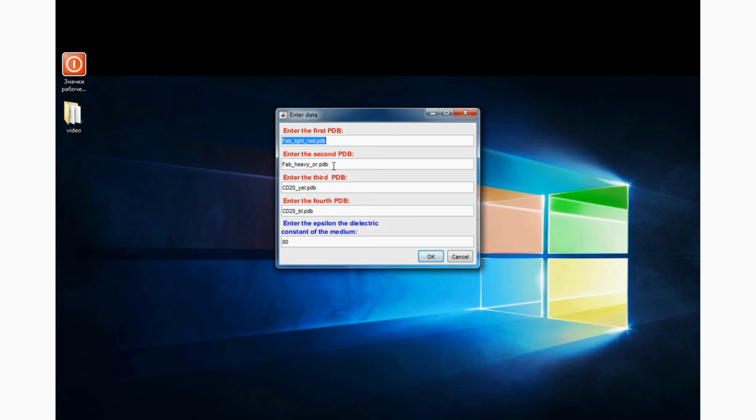Note that we select a file from the PDB containing the interacting tetramer and split it into 4 files, each of which contains one protein with the PDB extension. After entering the required data, click OK.